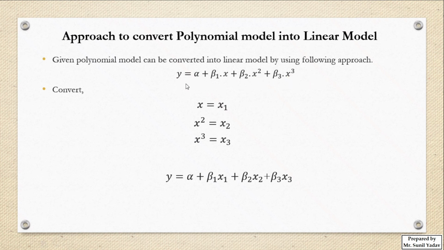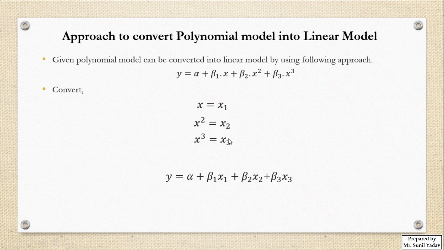To solve this problem, what we can do is convert this problem into a linear problem. Now again the question comes, how will we convert this entire mathematical equation into a linear equation? What we're going to do here is replace x by x1, replace x square by x2, and replace x cube by x3, where we have taken x square as another feature and x cube as another feature.